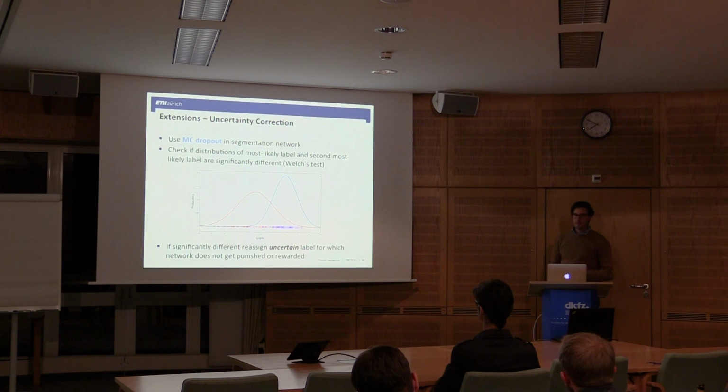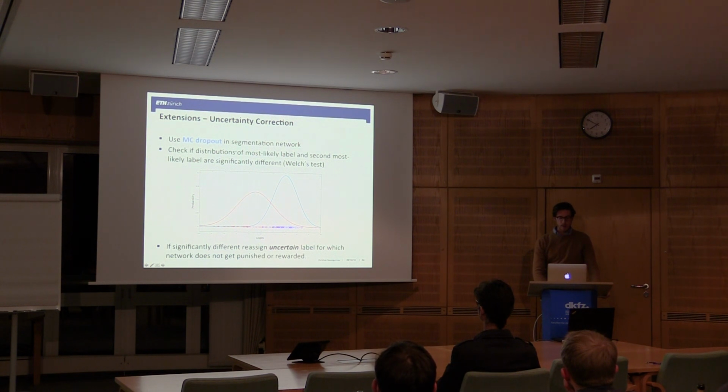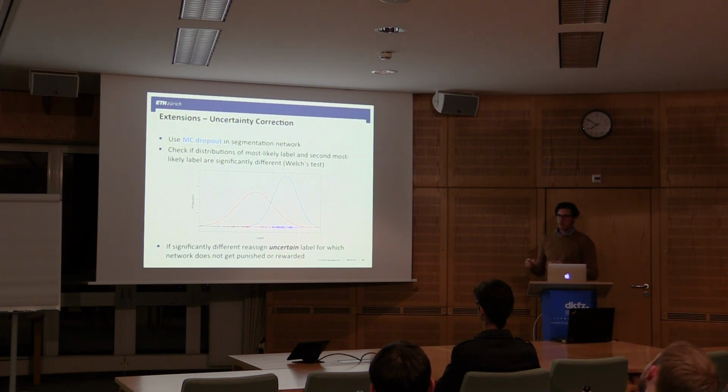Then the second little extension was to use this technique called MC dropout, proposed by Yarin Gal, to make sure that our relabeling is actually certain, so that we don't propagate errors. How we did this is we introduced dropout into our segmentation network during training and during relabeling. Then during the relabeling step, we do a couple of forward passes with dropout on.